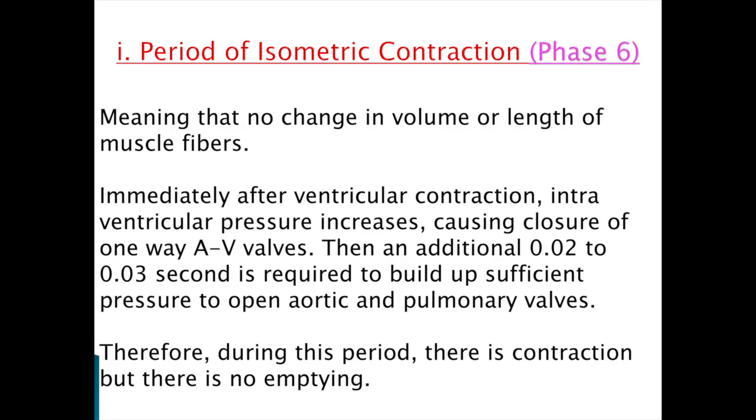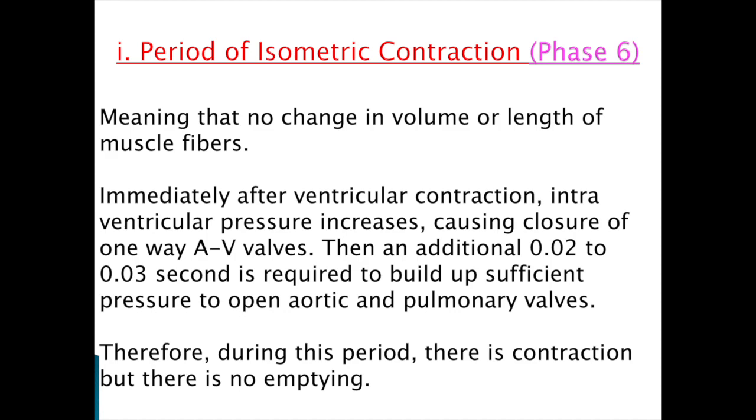And then there is an increase in pressure till the aortic and pulmonary valves open. The pressure required to open the pulmonary valve is 8 to 10, and the pressure required to open the aortic valve is 80. These are approximate, average figures. The blood cannot go back.